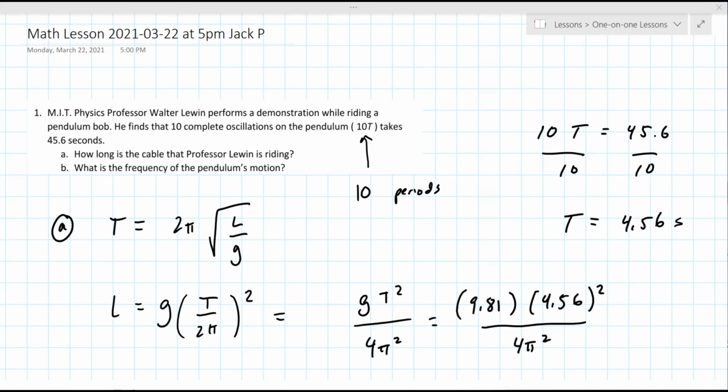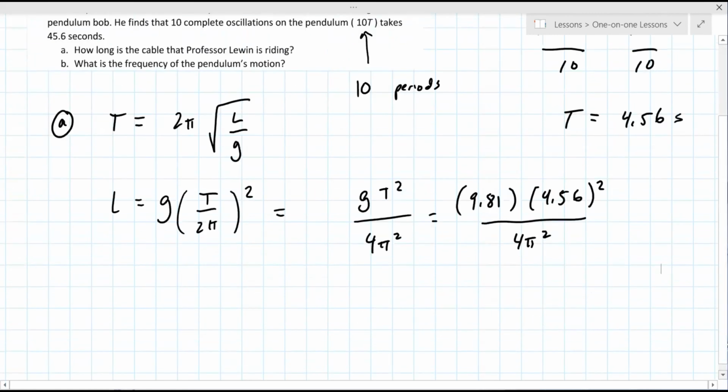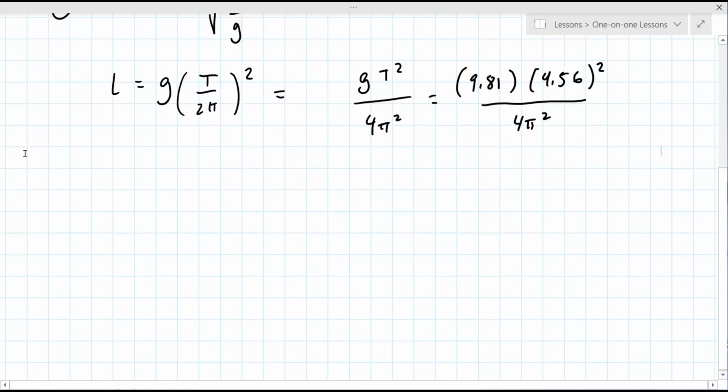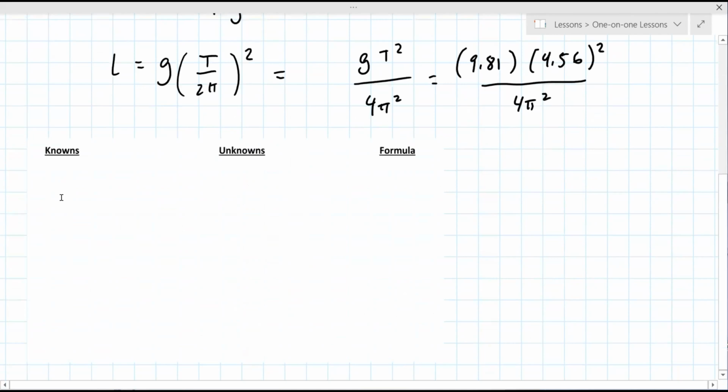There we go. Do you want to put the knowns and the unknowns in the formula down in the little space that it provides, or no? I can definitely do that if you'd like. So, kind of already done some of those, so I'll just move those things over. The knowns here is that 10 periods takes 45.6 seconds.